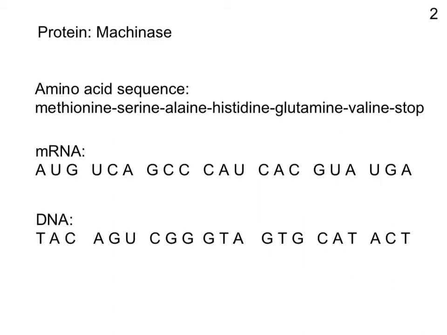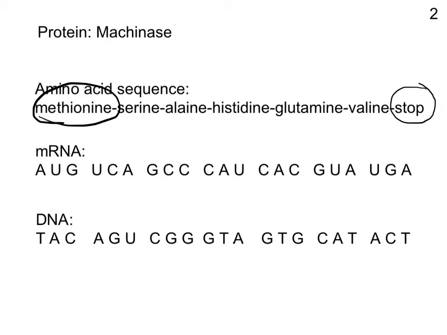Page 2 is tasks 2, 3, and 4. So you're supposed to give me an amino acid sequence, always starting with methionine and ending with stop. I've already given you 2 of the amino acids. You're supposed to come up with 5 in the middle. Those 5 can be any of the other amino acids. There are some amino acids that help with certain functions, but I don't want you to worry about that right now.